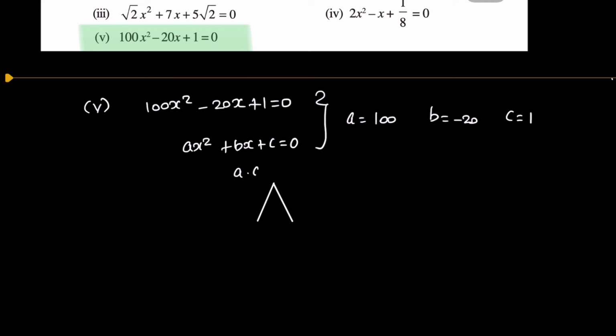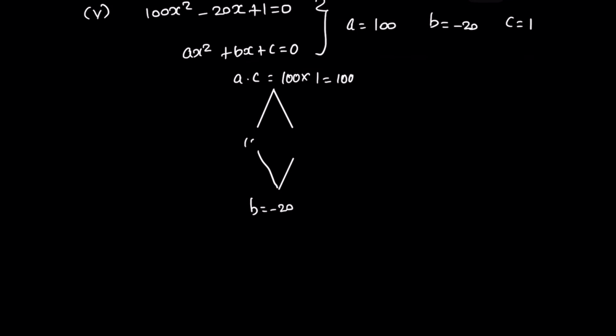Product of a and c is 100 times 1, that is equal to just 100, and the b value is minus 20. So which numbers are possible? The product is 100, the sum value is negative 20. So 10 and 10, then negative 20, so just placing negative 10.